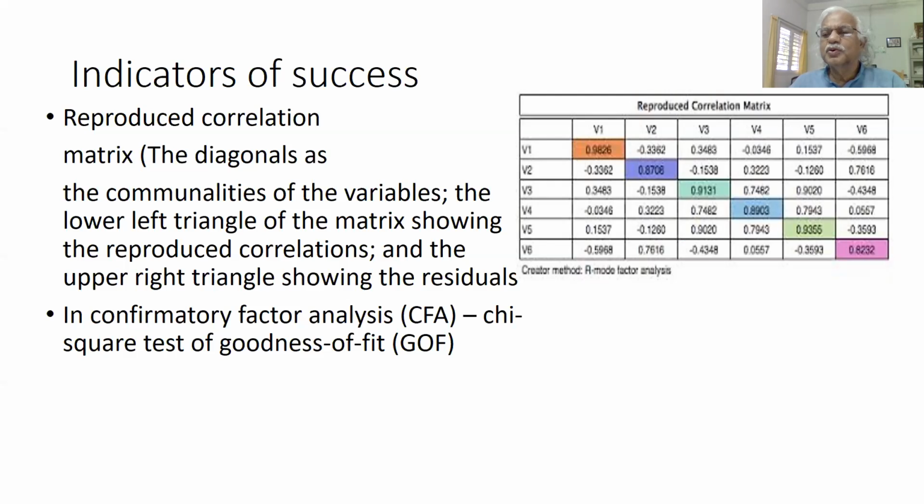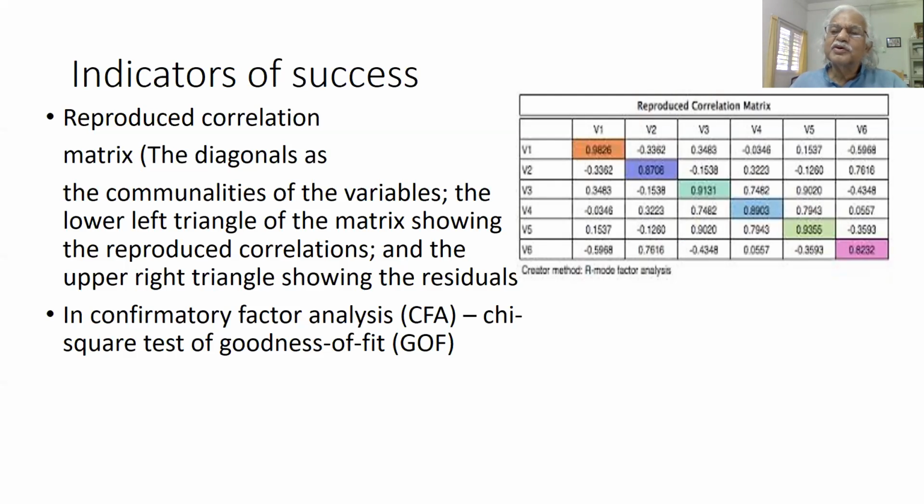and to show that your factor analysis is well done or there is a good amount of fit between your theory that you are trying to propose and the data, you can calculate what we call reproduced correlation matrix. Correlation matrix is the matrix that shows the correlation between observed variables.